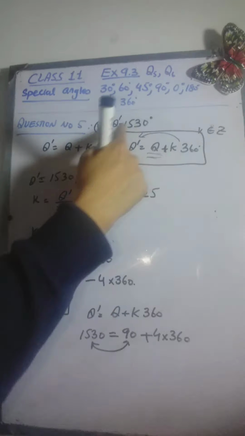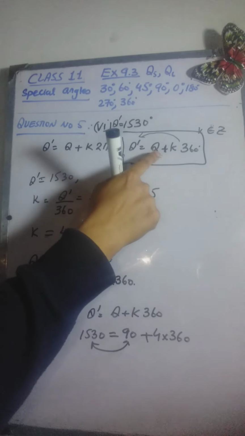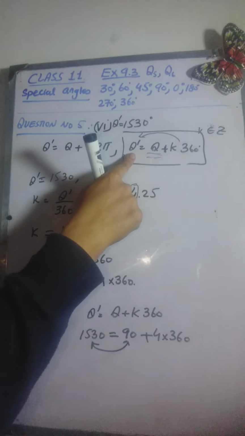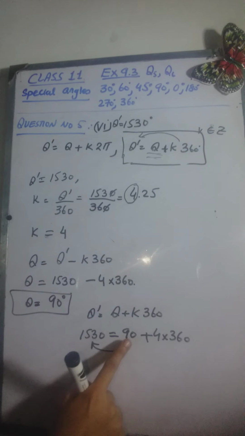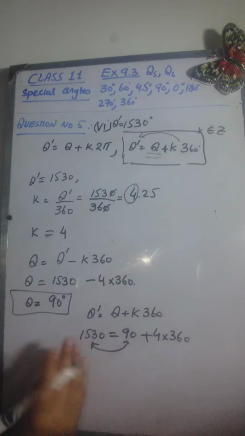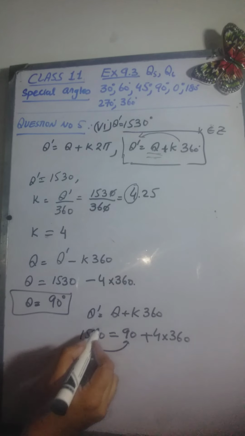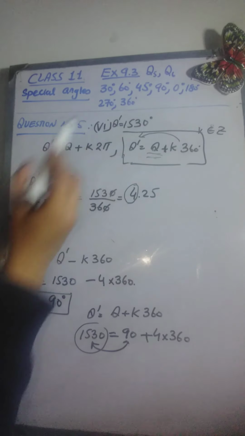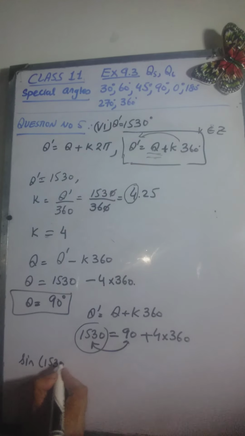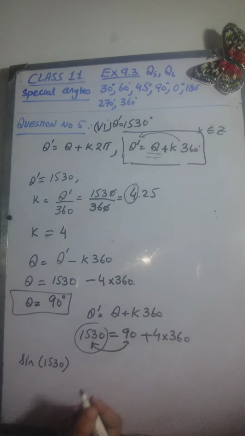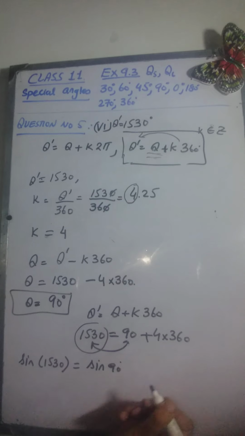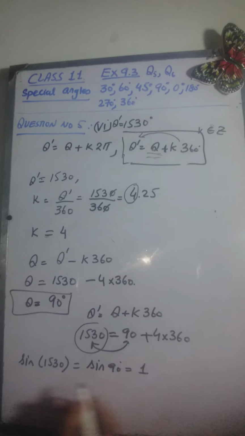According to this definition, if theta dash can be written as theta plus some multiple of 360, then these are called coterminal angles. So 90 and 1530 are coterminal angles, so they will have the same trigonometric ratios. So to get the trigonometric ratios of 1530 that they have asked us in the exercise, sine of 1530 will be equal to sine of 90, and we know that sine of 90 is equal to 1.